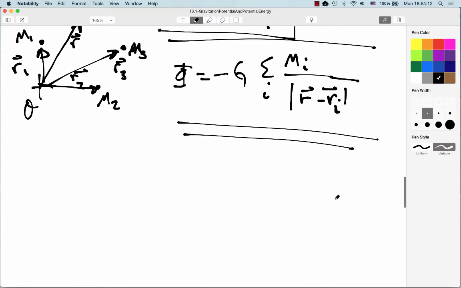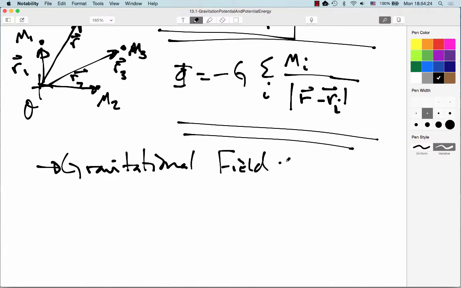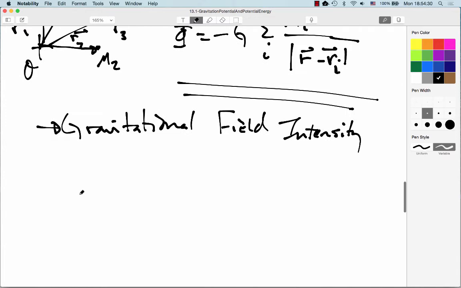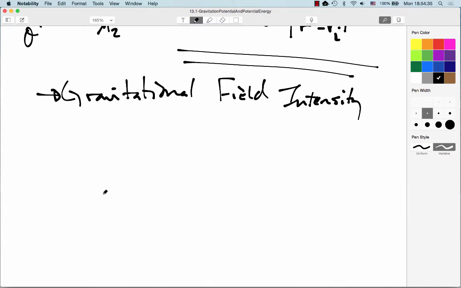So now that we've computed the potential, now let's work on getting the gravitational field intensity. Just a real quick reminder of what mathematical fields are. Let's say you go and look at some temperature map of the state.